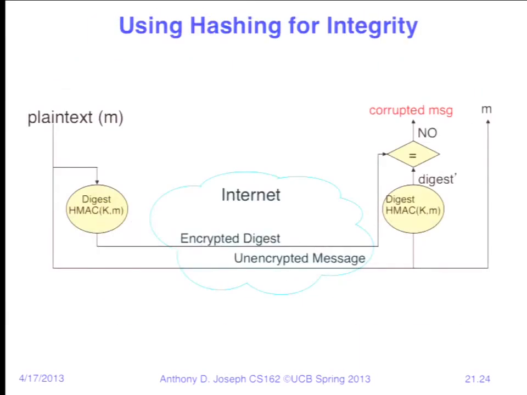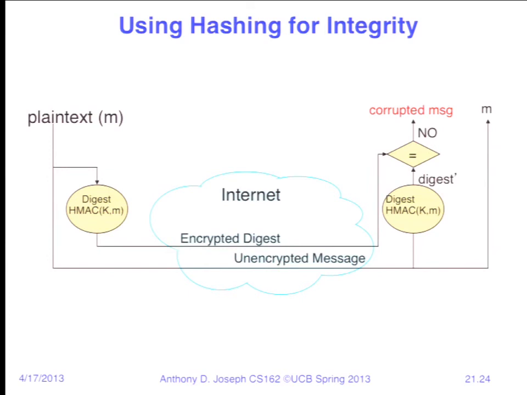It's a little confusing. So we take our plain text, we compute our HMAC of that plain text using our secret key. We can send that encrypted digest value over. We then send our unencrypted message over. Right? At the receiver, we apply the HMAC function with our secret key, and we compare that output against the digest value that was sent.